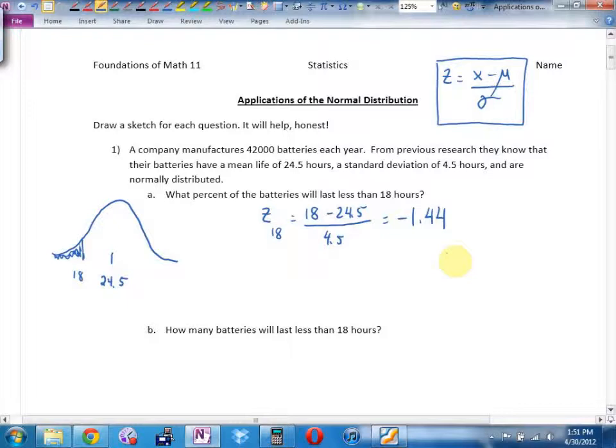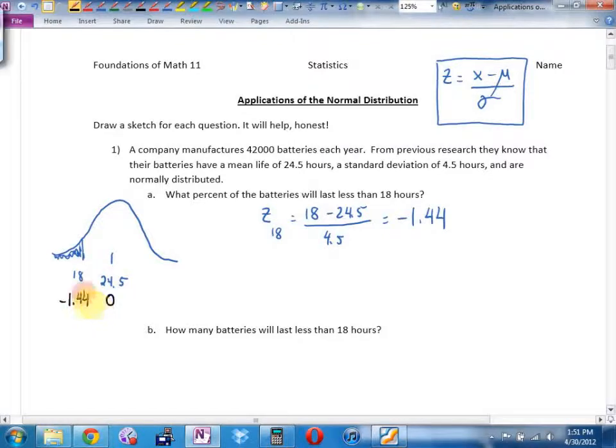Okay. What are we saying here, Alexis? We're saying on this curve, when the mean is 0, 18 is a negative 1.44, and that is on my orange sheet. What we're having to do is do a quick sketch so we can figure out, are we going to the left or to the right for our area, Kayla? But then we've got to change everything into Z-scores.